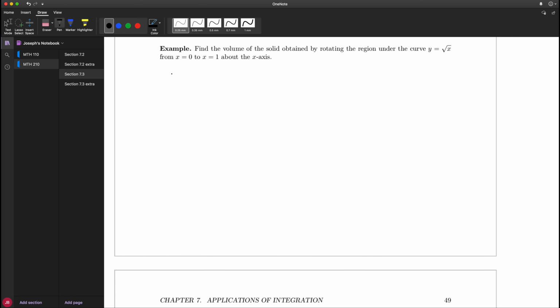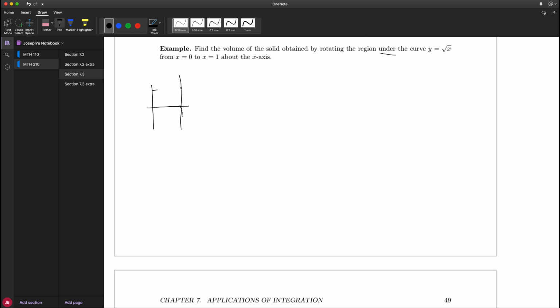Okay, so now we're going to take the same curve, y equals square root of x. Notice we're going to find the region under the curve and bounded by x equals 0, which is the y-axis, and x equals 1, which is the vertical line at x equals 1. So here is the square root of x. x equals 1 is forming our right region here.